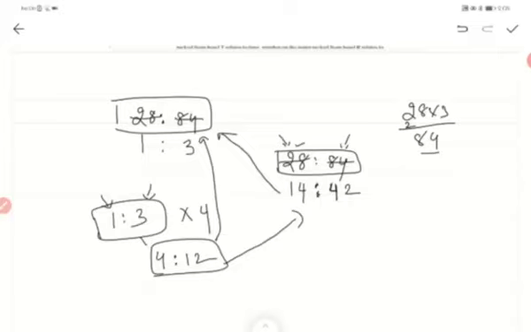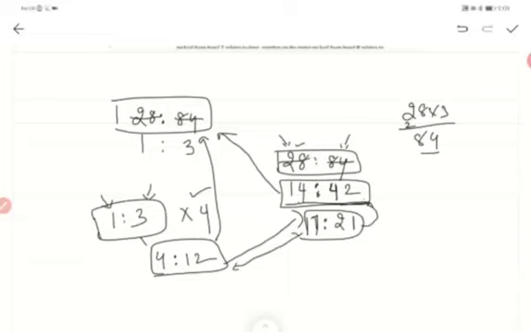So you will get many equivalents of ratios either by multiplying or dividing the ratio. Here 28 is to 84, we divided with 2 and got 14 is to 42. Again, if I divide this with 2, I will get 7 is to 21, which is also equivalent of 4 is to 12.